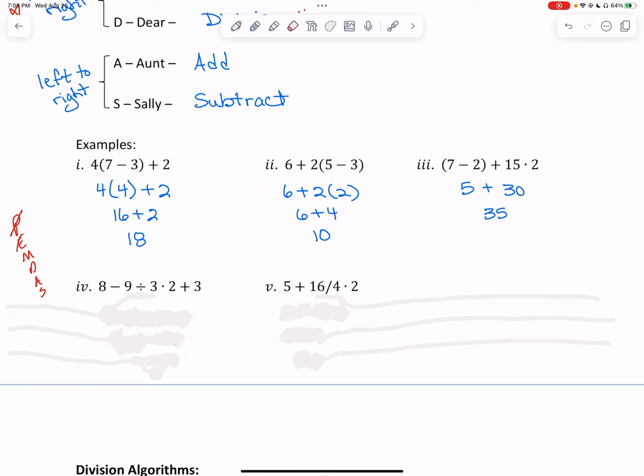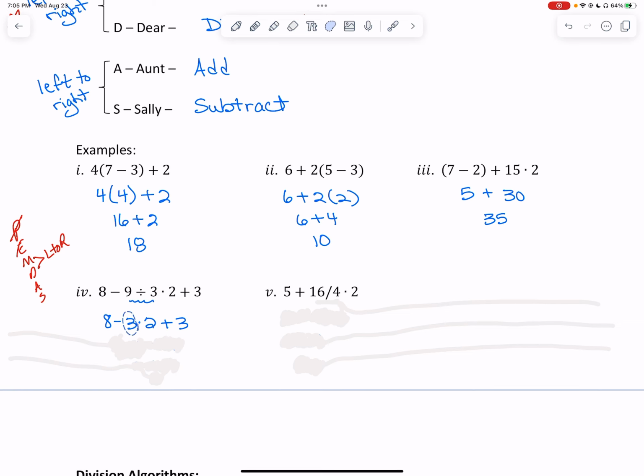So next I've got to do multiplication and division, but it has to be left to right. So a lot of students are going to say, oh, multiplication, 3 times 2 is 6. But that wasn't first, right? Our division was first. So we're going to do division first. So that gives me a 3.